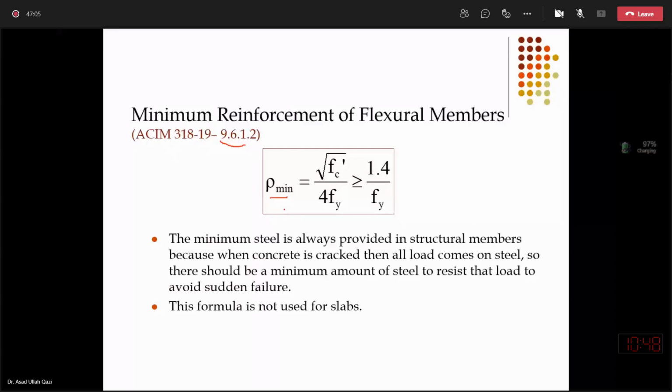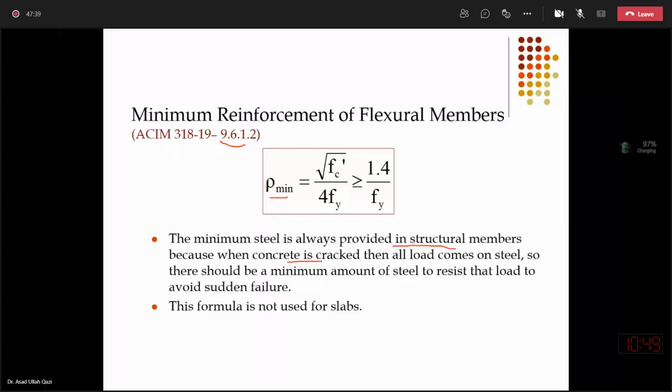If the steel ratio in the cross section is too low, what can happen? The instant the modulus of rupture is reached, the shift of stresses is entirely on the steel. Steel at the same instant may fracture. That will be more dangerous: wide cracks suddenly appear and the section collapses. So minimum steel is always provided in structural members, because when concrete is cracked, the load comes on steel.